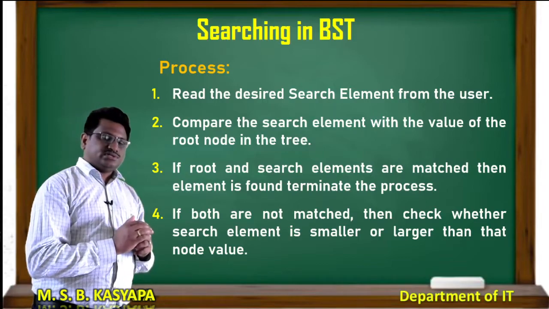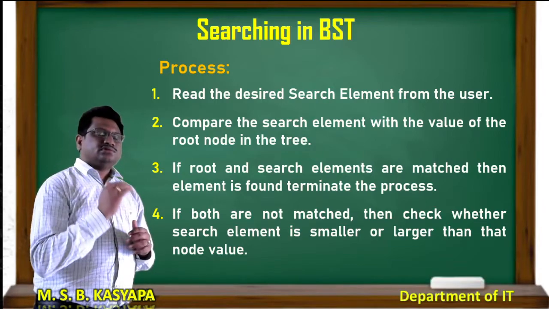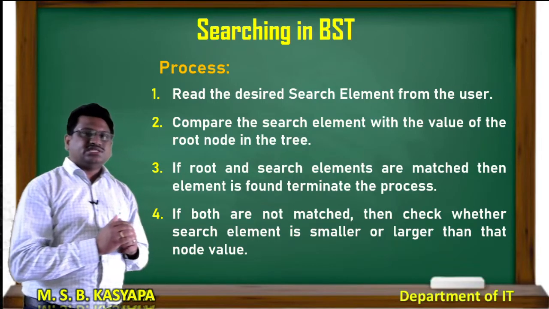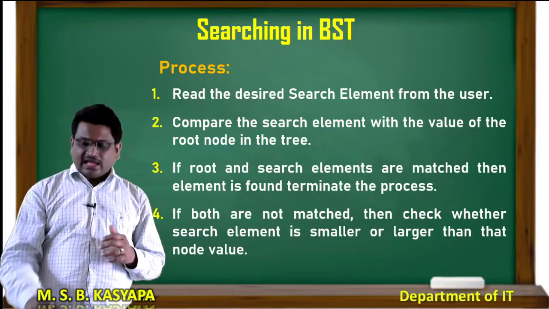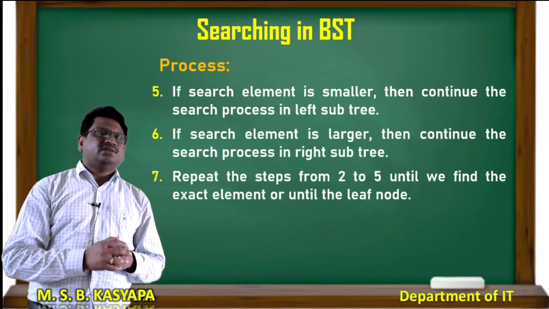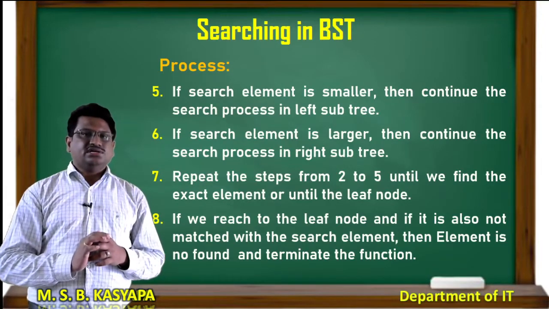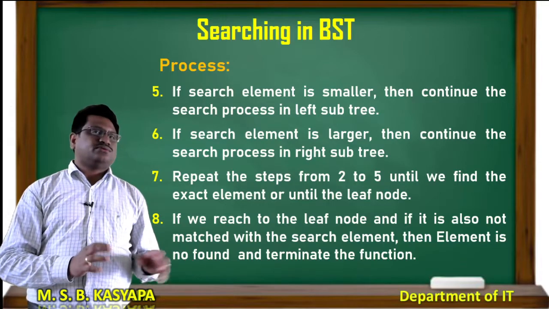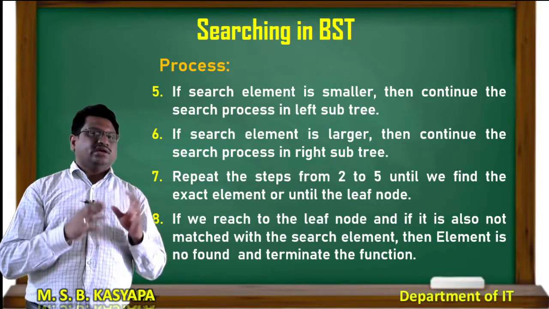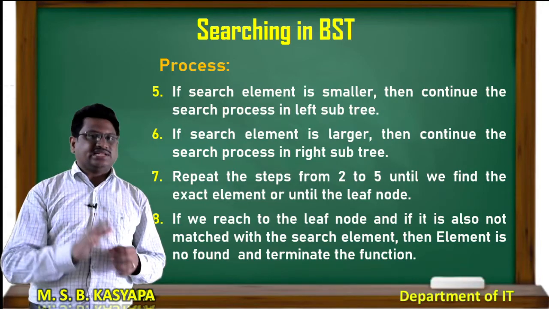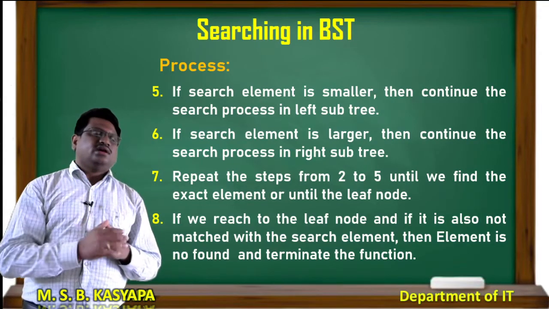For suppose, if the desired value is not equal to the root, then what do I have to do? I have to check whether the desired value is less than the root node or greater than the root node. Is it a smaller value or is it greater than the root node?